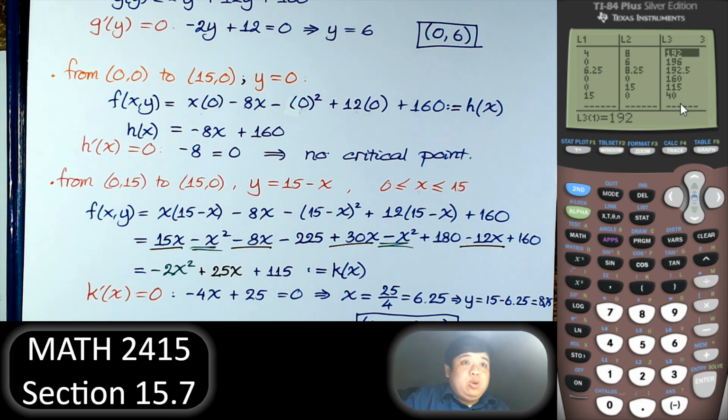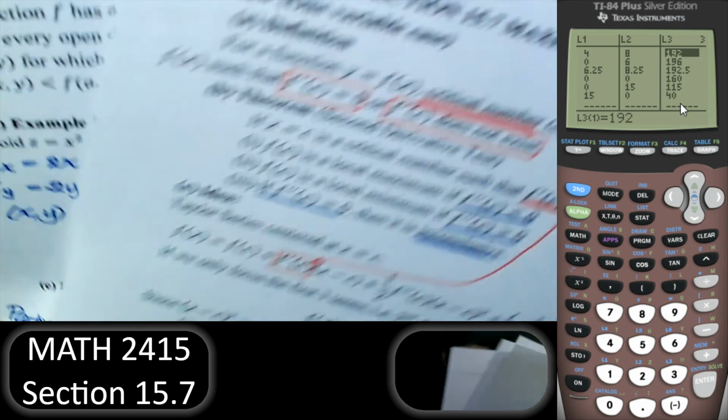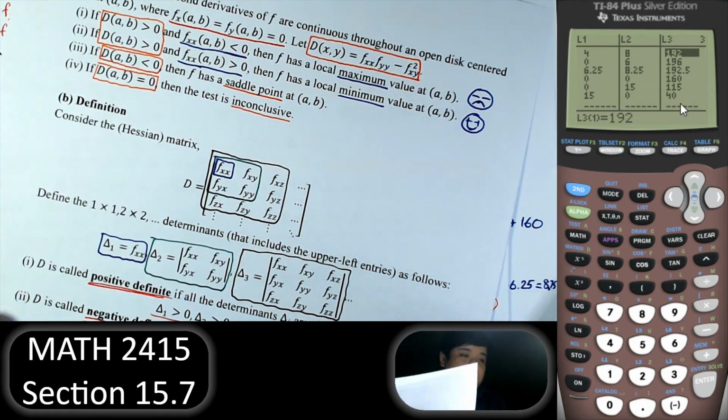If we find absolute max and absolute min, yes, by all means, find all the values where the derivative is undefined. But bottom line is, find critical points first, and then we have the second derivative test to tell if it's a local max or local min. Now, that is the second derivative test.